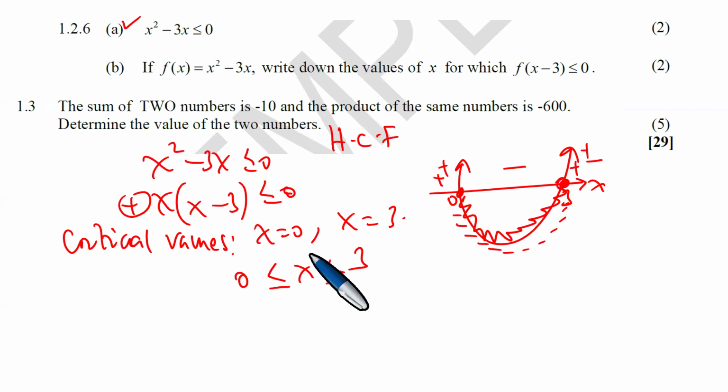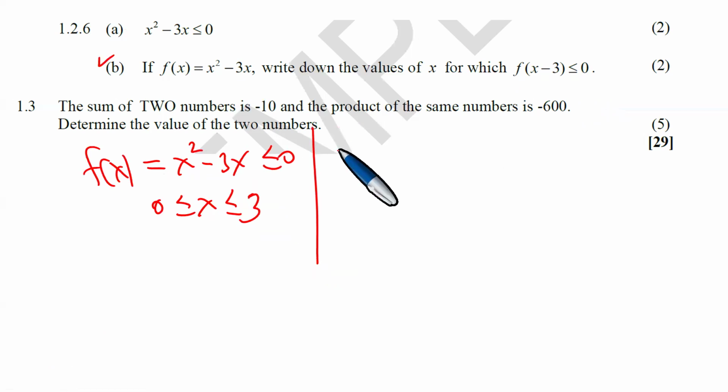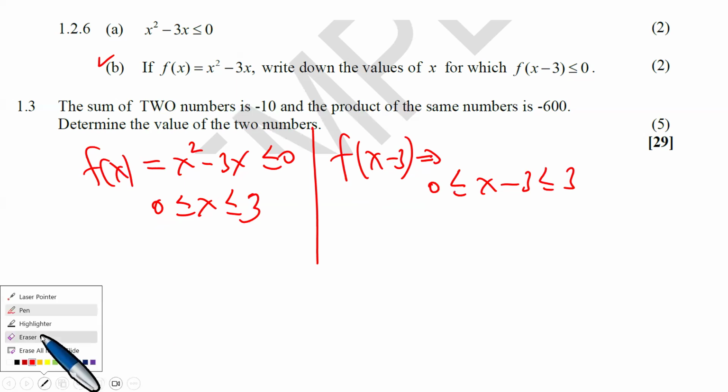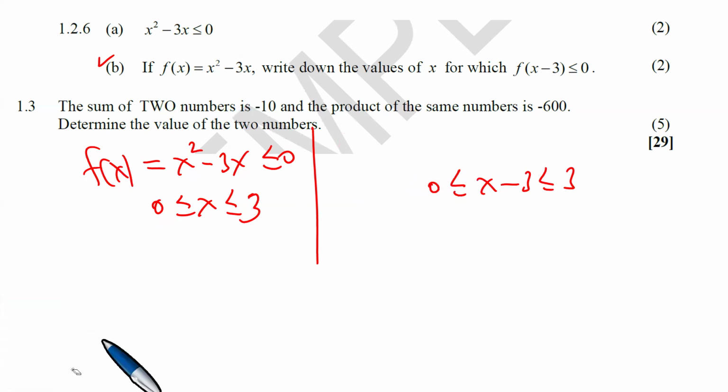But now let us analyze and see what happens when we look at the next thing. If you have f of x minus 3, in other words, now we're going to replace every x by x minus 3 here. That would mean we have 0 is less than or equal to x minus 3, less than or equal to 3, just replacing every x by x minus 3 in the original expression.